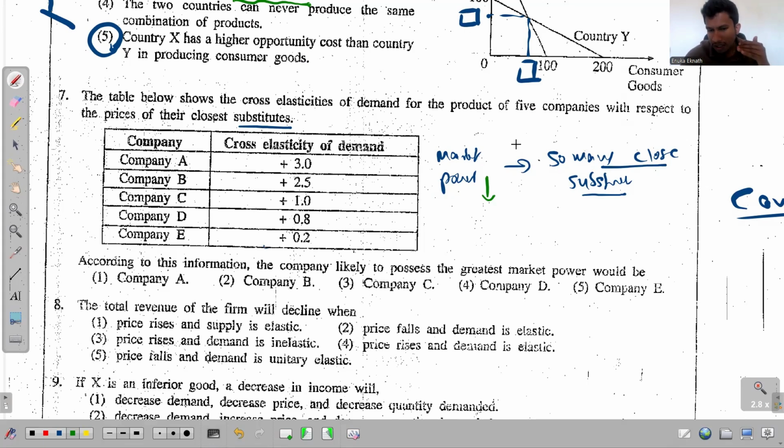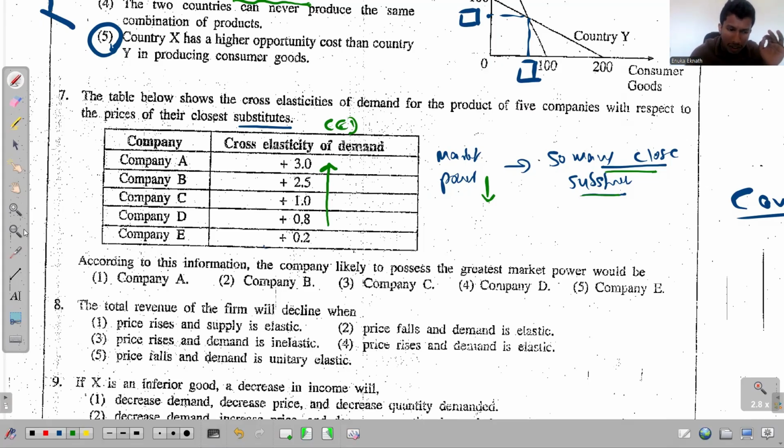So the simplest idea behind this is, if we have so many close substitutes, our market power is low. That's the conclusion. And my next question to you is, what will happen to this value of CED if we have so many close substitutes? That value will be greater than 1. Right? The value will be greater than 1.